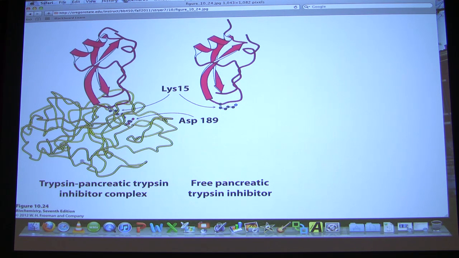Alpha-1 antitrypsin is another way of controlling trypsin. So your question back here about if I have trypsin active and I don't want it to be active, do I have a problem? Yes, you could have a problem. But if you have alpha-1 antitrypsin present, the body has another way of controlling trypsin once it's been activated. Once it's been activated, you have alpha-1 antitrypsin that combines to it, and you're set.